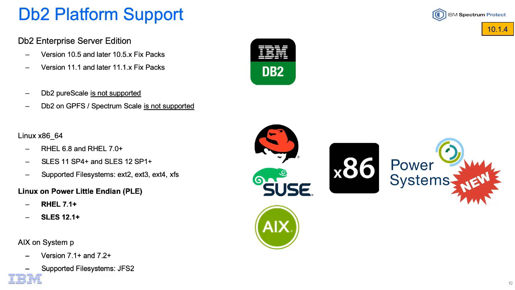And beginning in version 10.1.4, we are now going to support running Red Hat Enterprise or SLES on Power Little Endian with DB2 backups. The rest of the support has not changed.